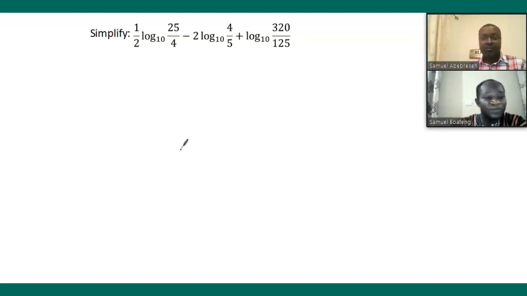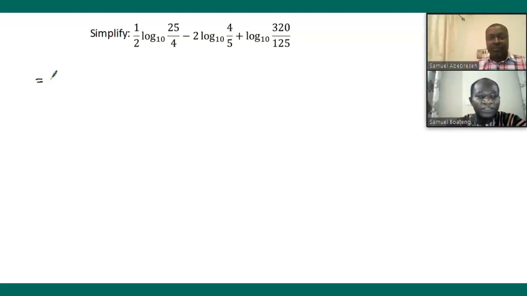So with this, we can start by first rewriting the expression, applying the laws. So we can send the half. So we have log to the base 10, bracket open, 25 on 4 all raised to the power half.